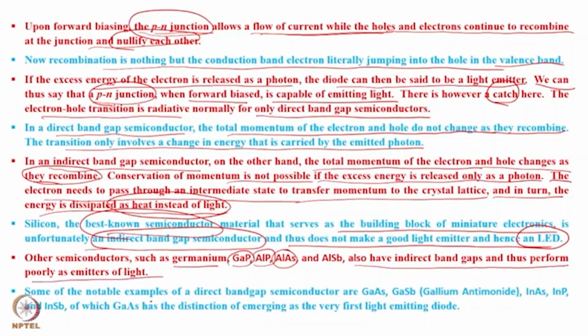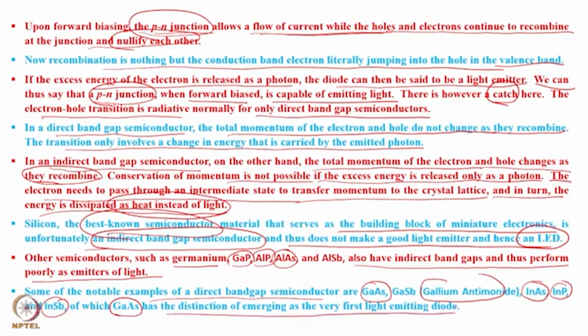Some of the notable examples of a direct band gap semiconductor are gallium arsenide, gallium antimonide, indium antimonide, indium arsenide, indium phosphide, of which gallium arsenide has the distinction of emerging as the very first light emitting diode.